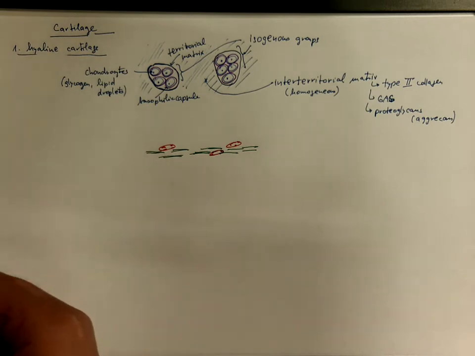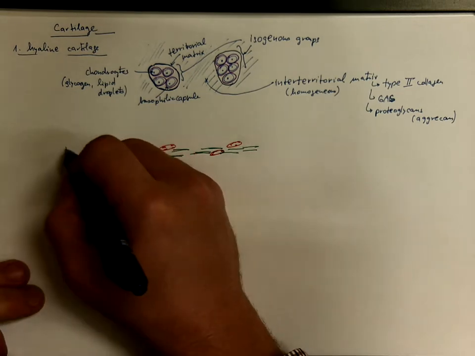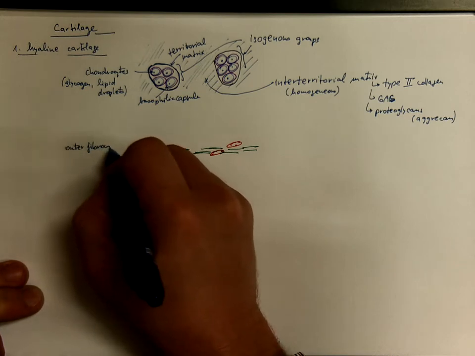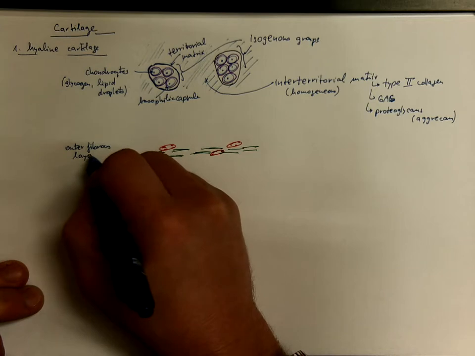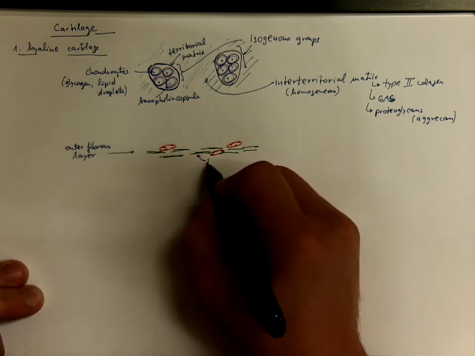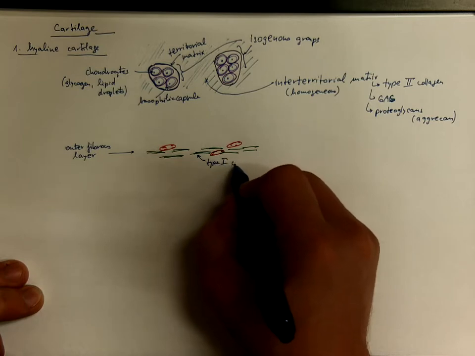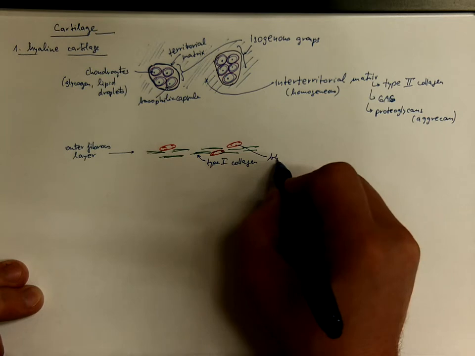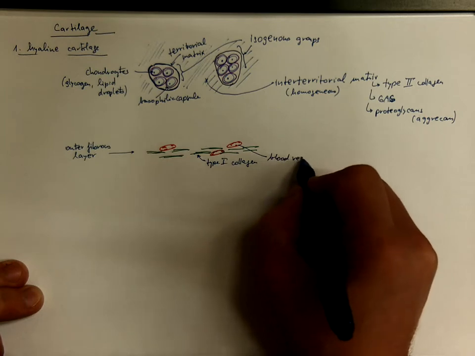So this is the outer fibrous layer with type 1 collagen and blood vessels.